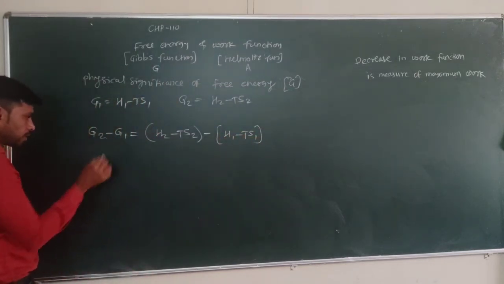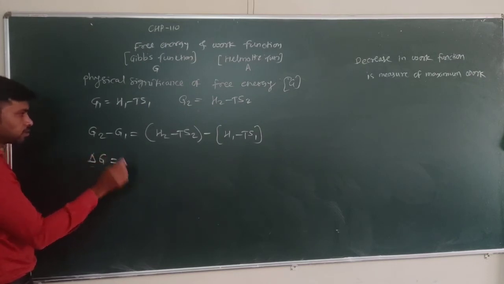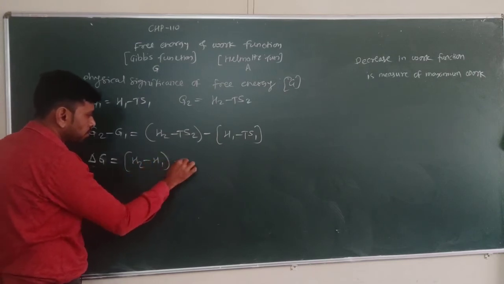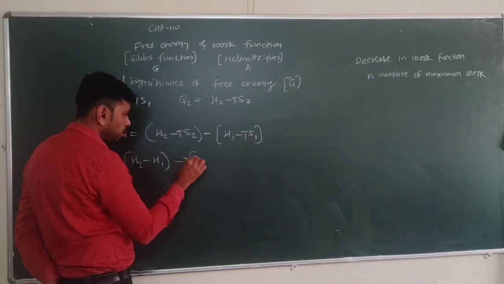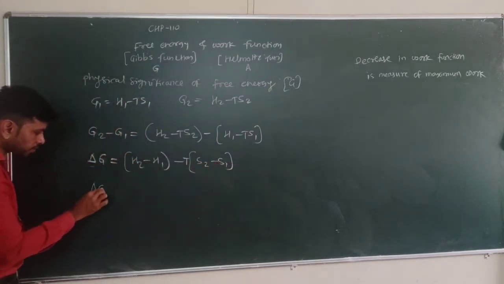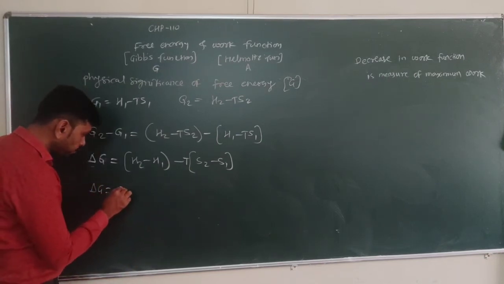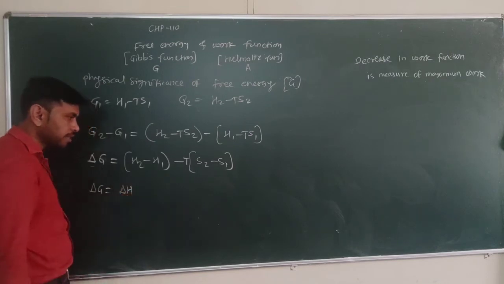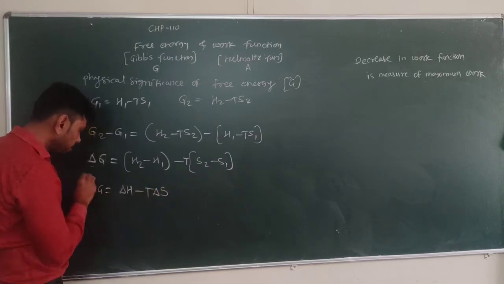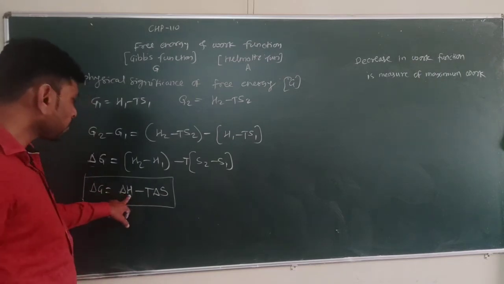So G2 minus G1 is delta G, and we can separate H2 minus H1, minus T common, S2 minus S1. So we can write delta G, change in free energy, is equal to H2 minus H1, which is delta H, minus T delta S.